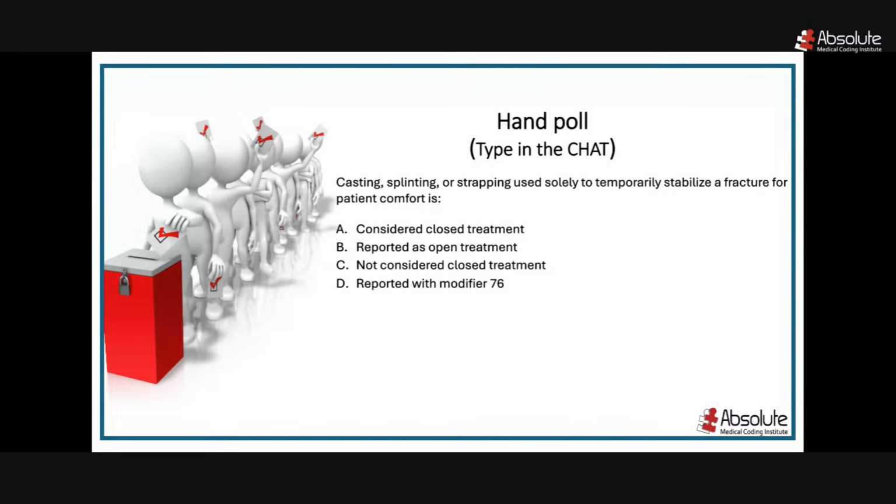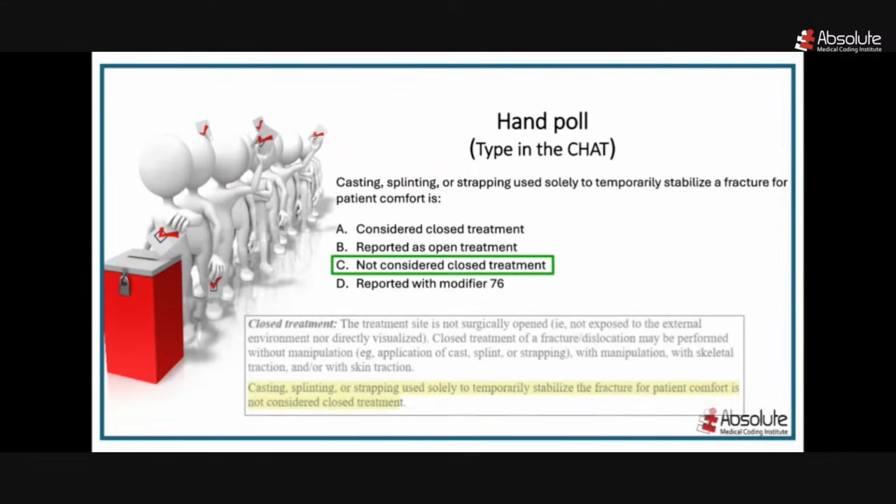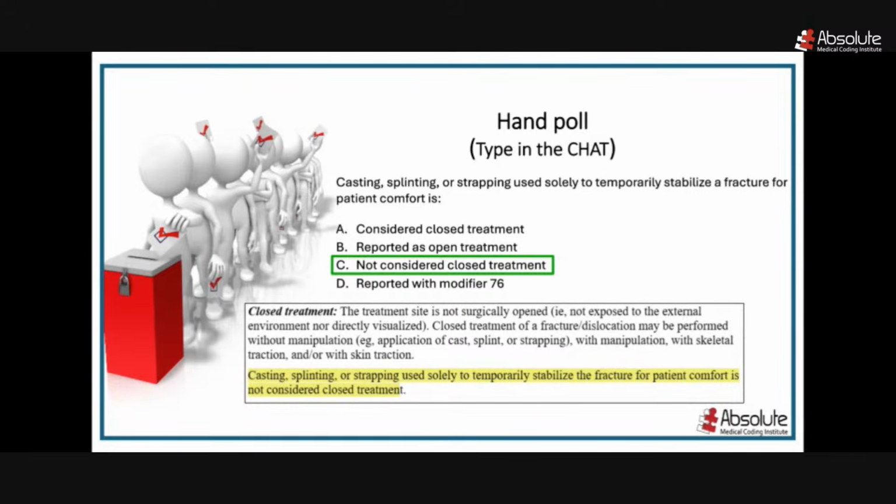Oh my god, chat is on fire. And C is the correct answer. Casting, splinting, or strapping used solely to temporarily stabilize the fracture for patient comfort is not considered as a closed treatment. So that is a correct statement.